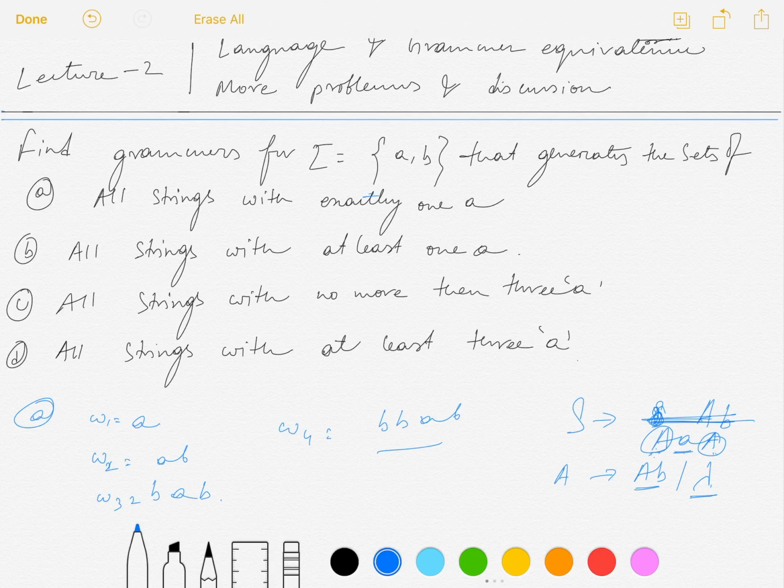And if I need B before A and after A, in both cases this A will be replaced by AB. So the productions for this particular problem are S to A a A, and A to AB to lambda.